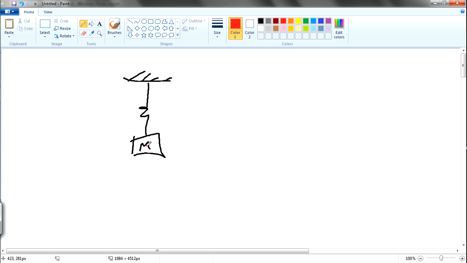So we have a forcing function pulling this down, F naught cosine omega t, pulling this down and pulling this up, pulling this down and pulling this up. So it's just going like that, right? You have a certain force, but you also have to overcome the mass itself and whatever is over here.